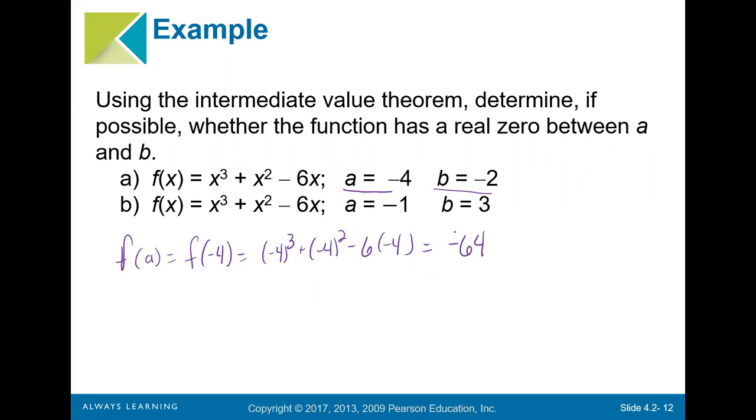That negative squared, since it's an even power, is going to be positive, and positive times positive is still positive. 4 squared is 16. And then negative times negative gives me a positive, and it's 24. So now I have -64 plus 16 plus 24, which gives me -24.